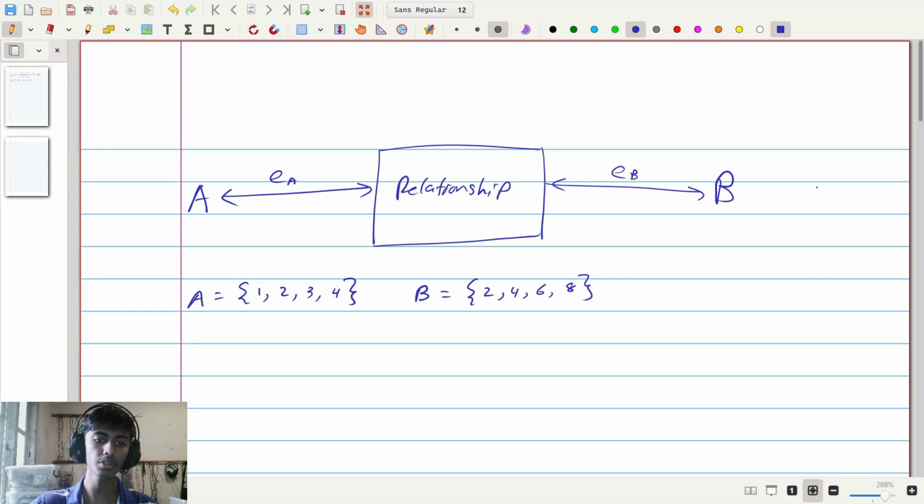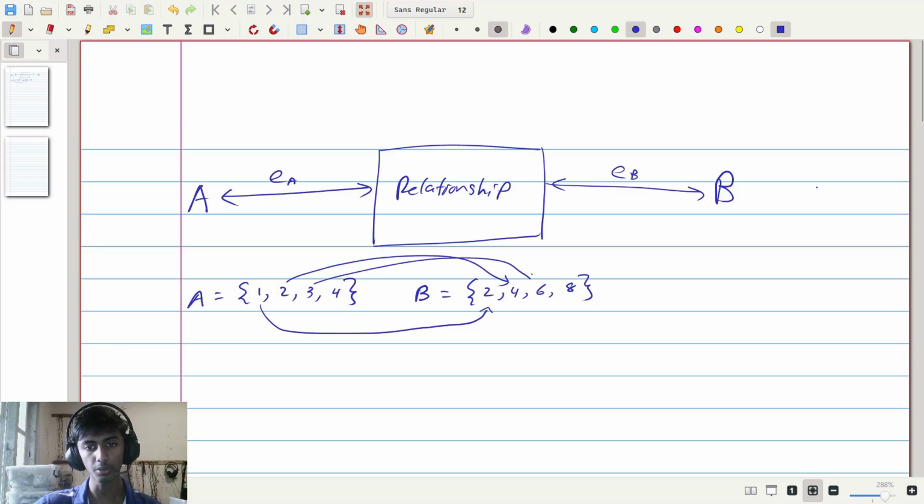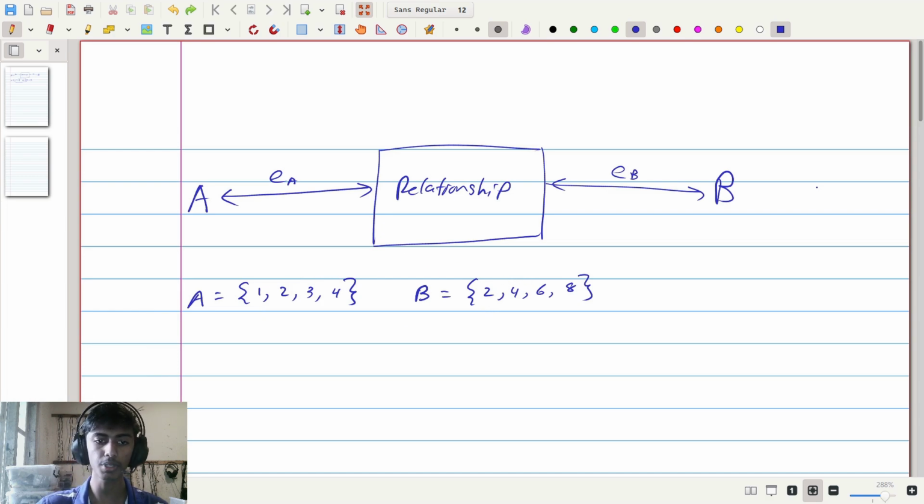For any element of A, we have doubled it and sent it into B. So here 1 has been doubled and sent into 2, 2 has been doubled and sent into 4, 3 has been doubled and sent into 6, and so on. So here the relationship is element of A times 2 is the corresponding element of B.